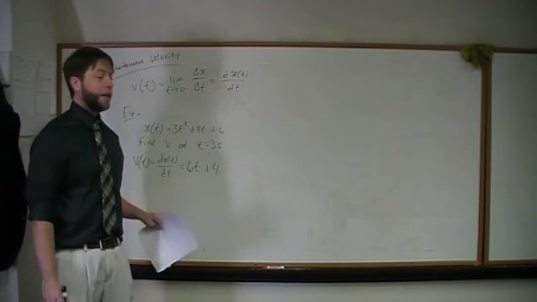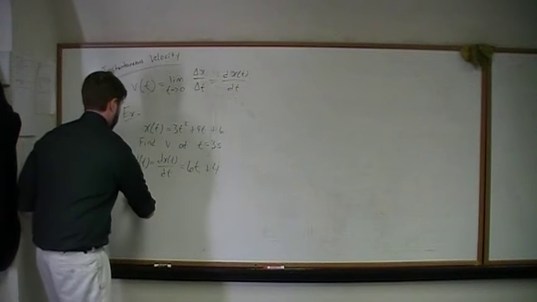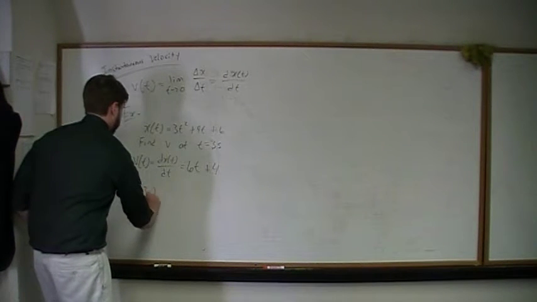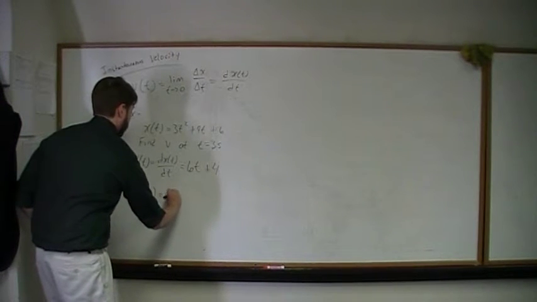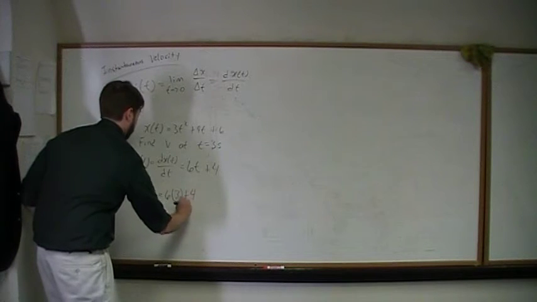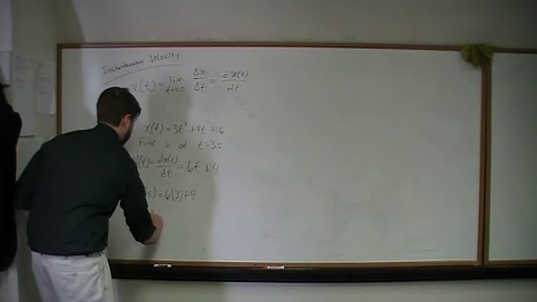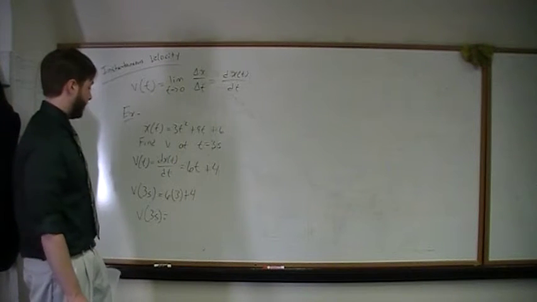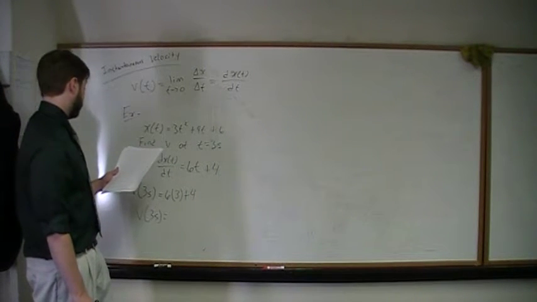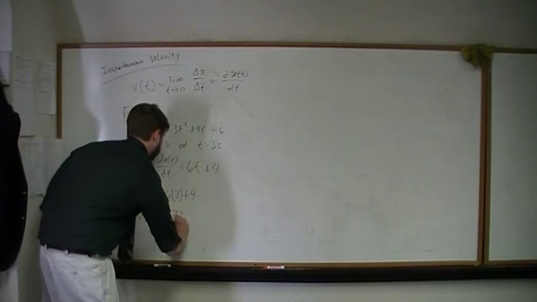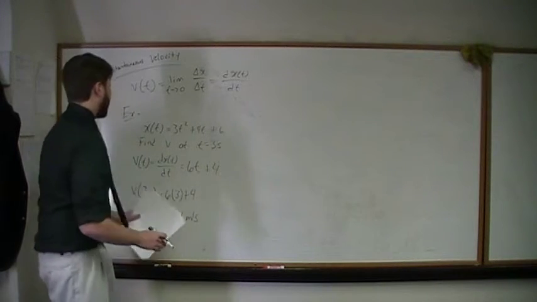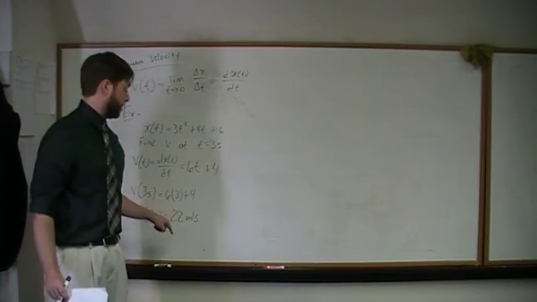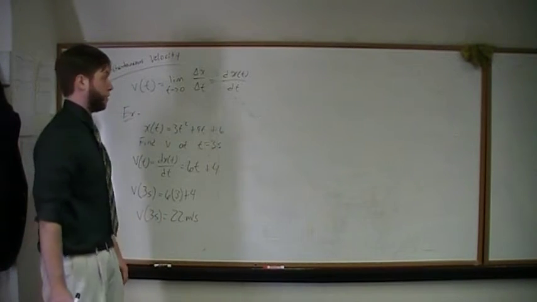Now we're going to plug in our time of 3 seconds, so the velocity at 3 seconds is equal to 6 times 3 plus 4. 6 times 3 is 18 plus 4 is 22. So the velocity at 3 seconds is 22 meters per second.